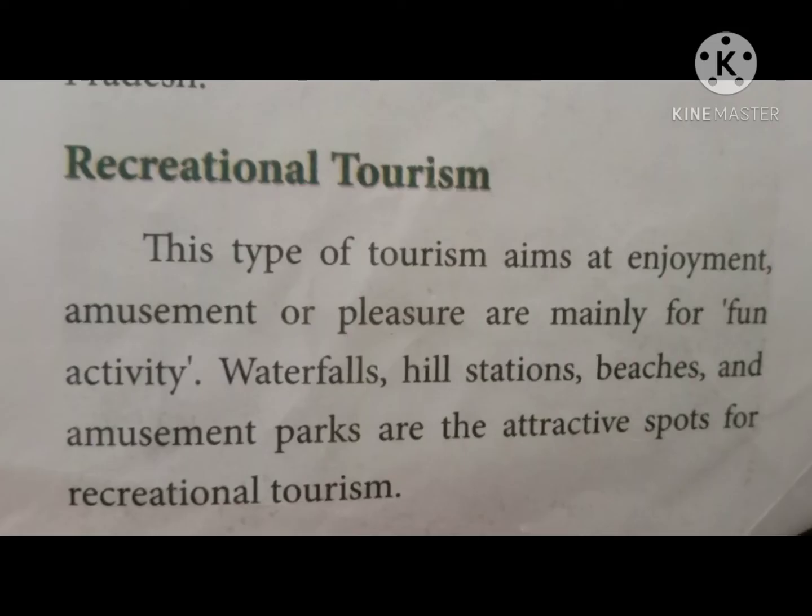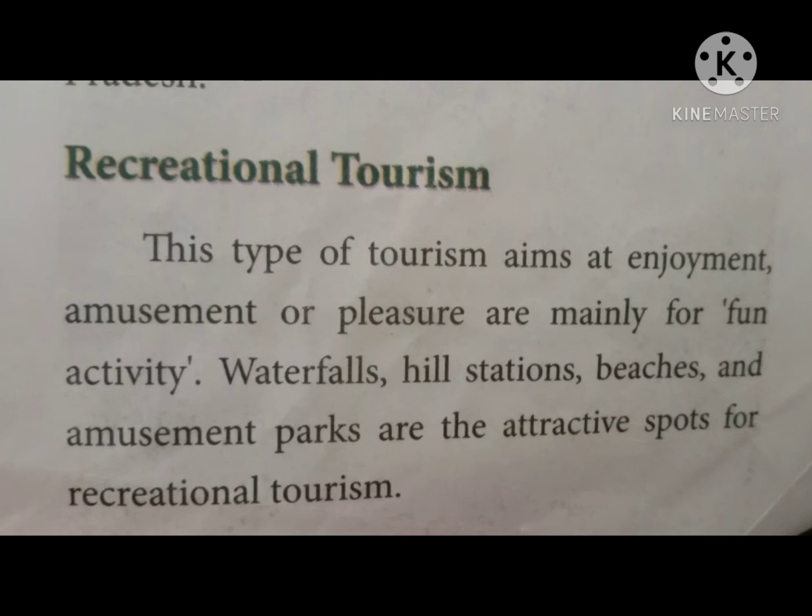Next one is recreational tourism. This kind of tourism mostly concentrates and aims on enjoyment, fun and refreshment. This kind of tourism is called as recreational tourism. Some examples for the recreational tourism are waterfall, hill station.